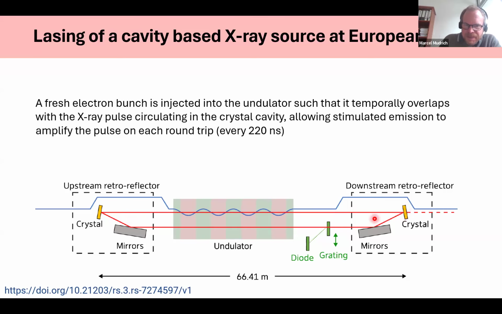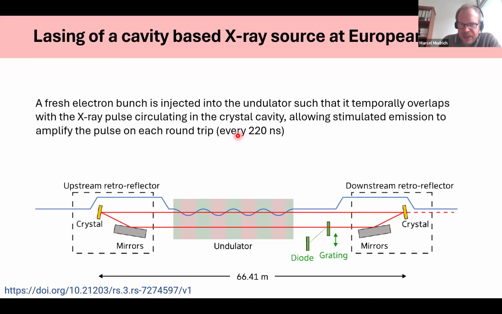So obviously the length of the resonator has to be adjusted in just the right way, such that the round trip period matches the timing, the distance in time between electron bunches that can be injected into the cavity and superimposed with the X-ray pulses at the right time to amplify the X-rays.